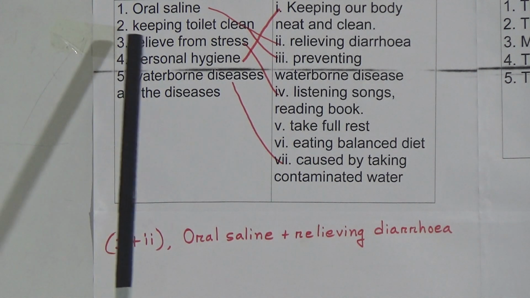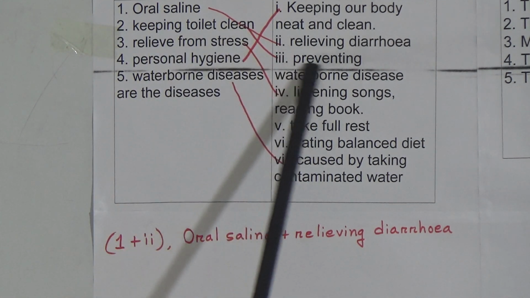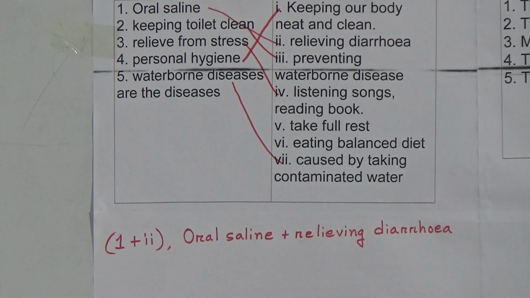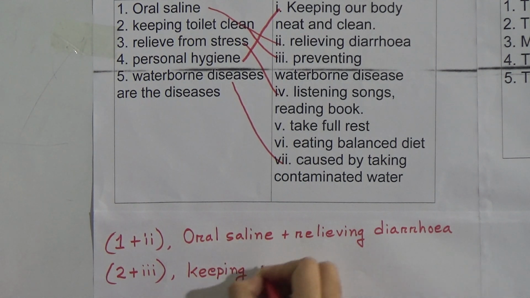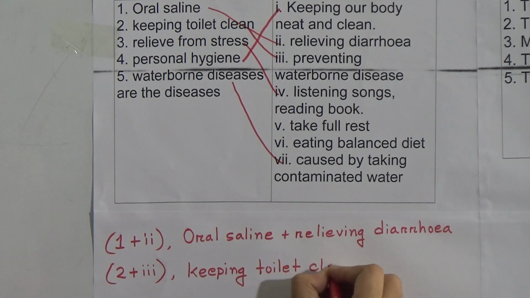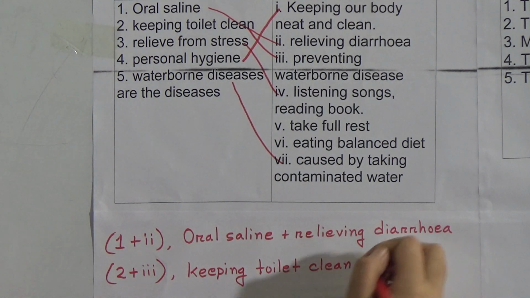And then 2, keeping toilet clean, will match with here Roman number 3, preventing waterborne disease. Then we will write like this, 2 plus 3, here in the left side, keeping toilet clean plus preventing waterborne disease.